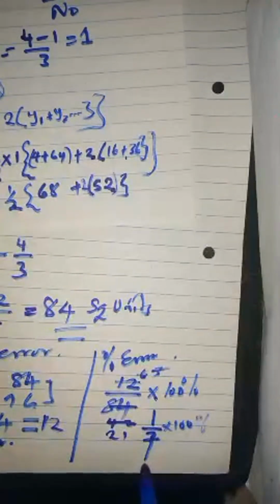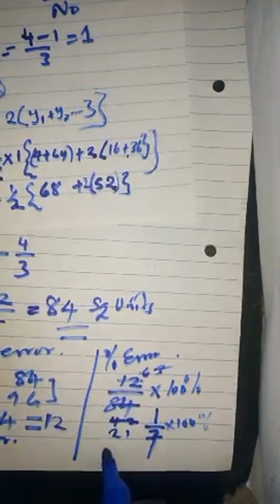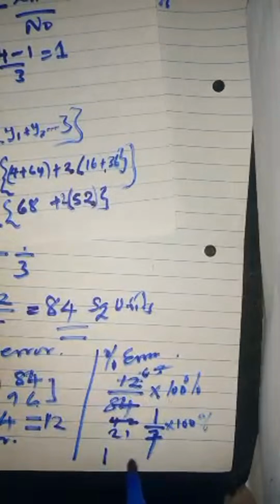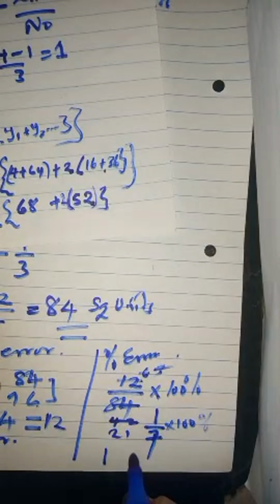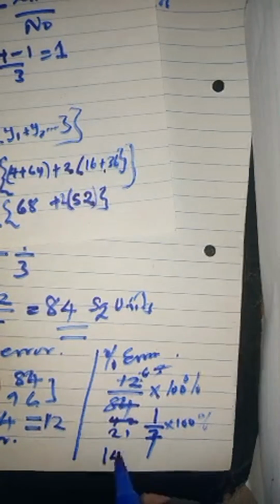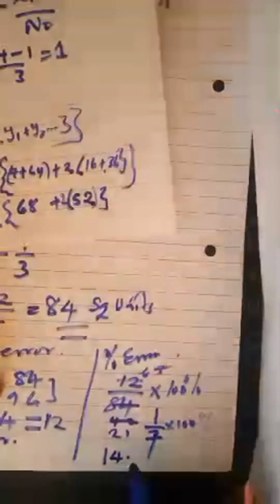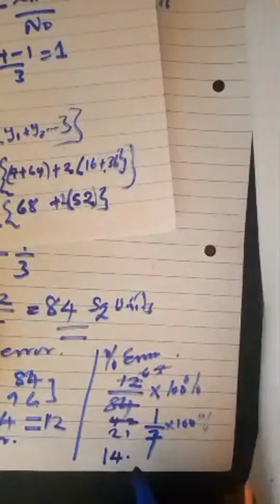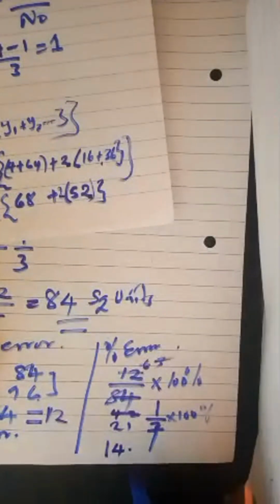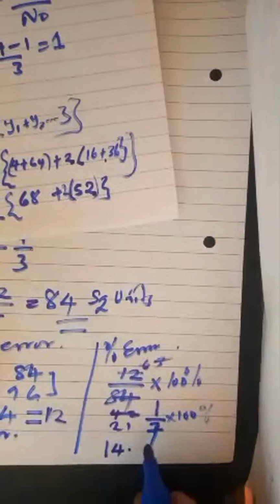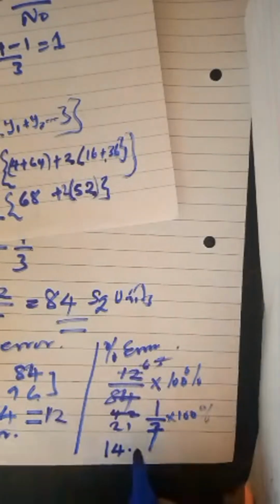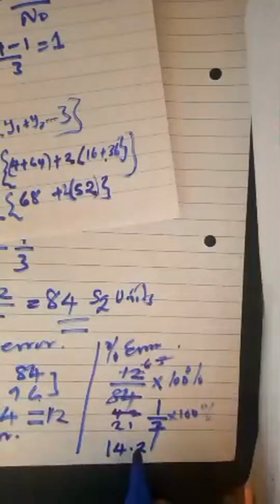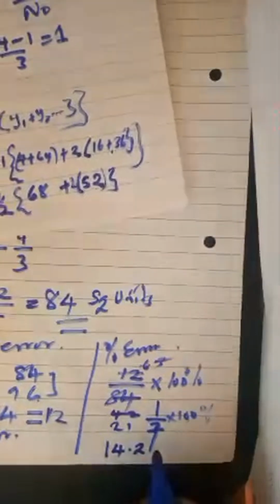So dividing 100 by 7, I'll have 14 point something percent.